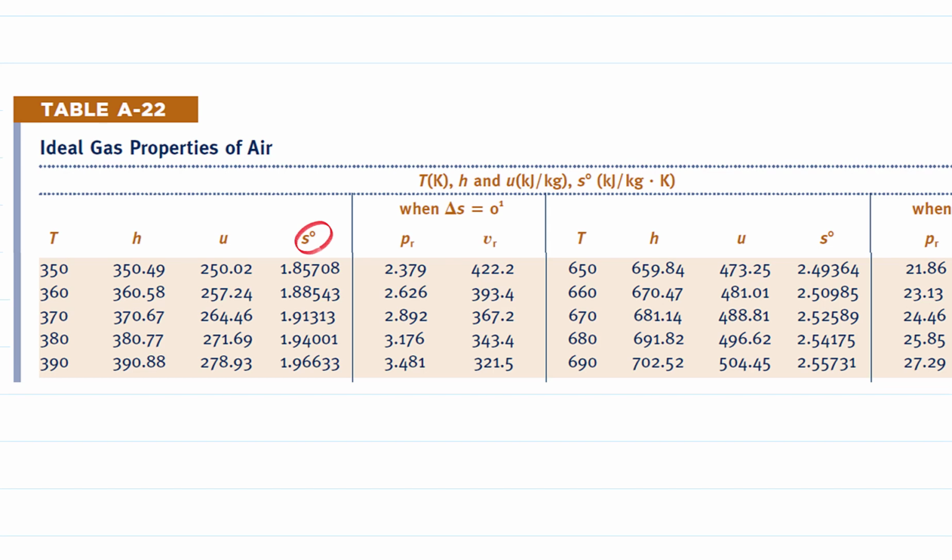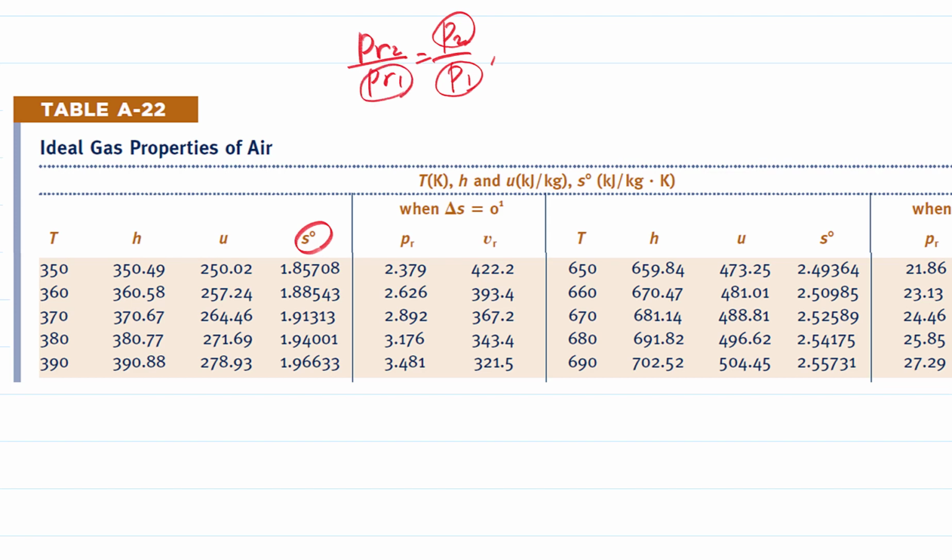So what we are going to do is to use the relative pressure. PR2 over PR1 equals P2 over P1. And this is for an isentropic process and air only. Relative pressure is only a function of temperature, and we know P1 and P2, and we know the temperature at the inlet.